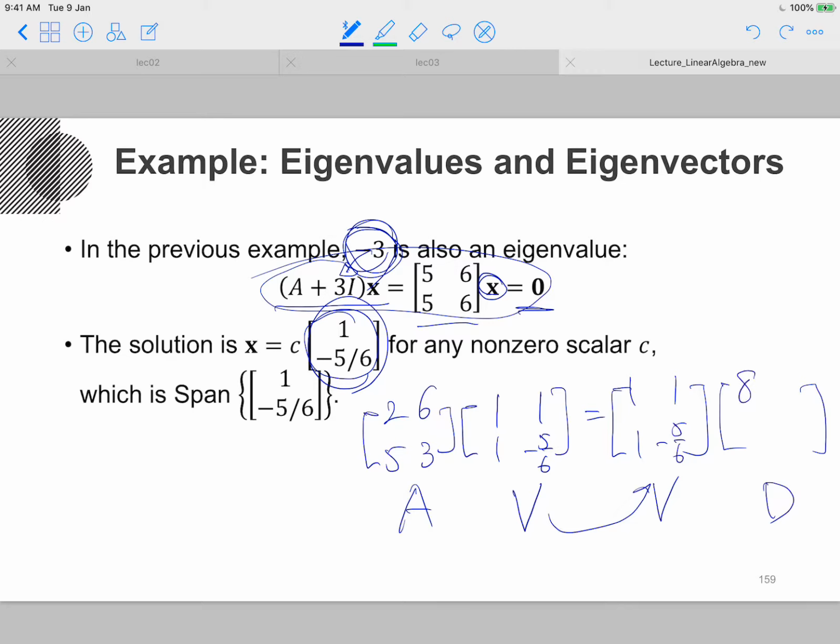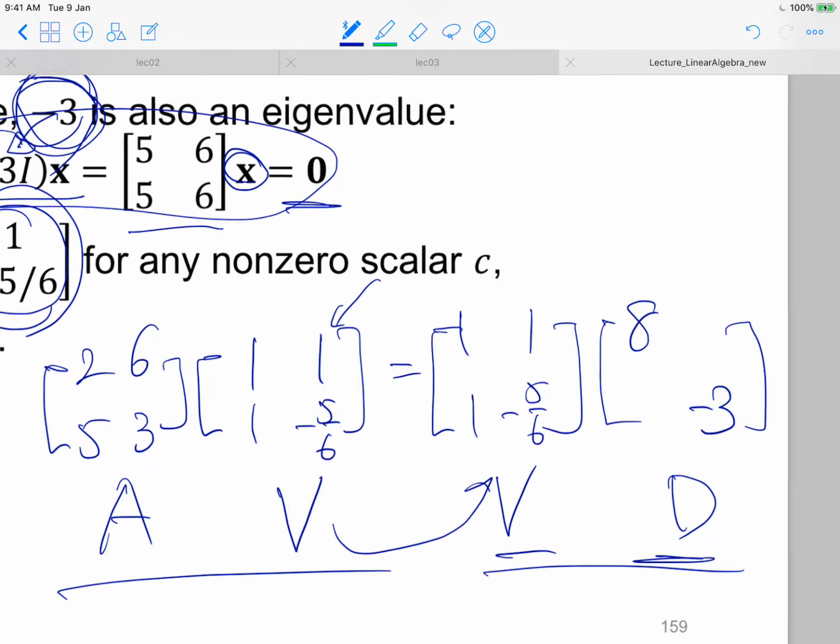So the first element we populate as 8, and for the second one we place the second eigenvalue in the second diagonal element. Okay, so it's V times D, and this AV is equal to VD. And let's look at why.